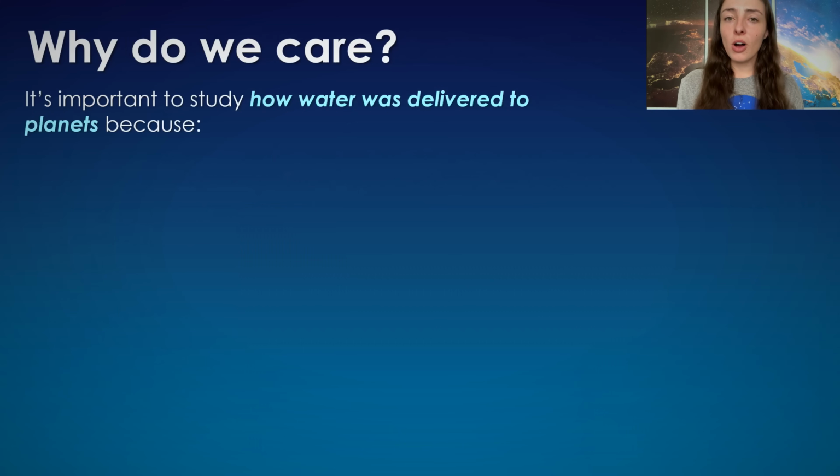But overall, other than just general curiosity, why do we care? When Earth got its water, how Earth got its water, how water may have been obtained by other rocky planets and then lost. Why do we care about all these early solar system processes?